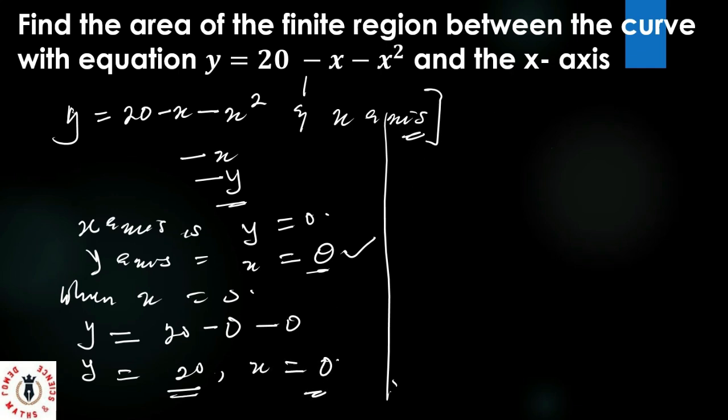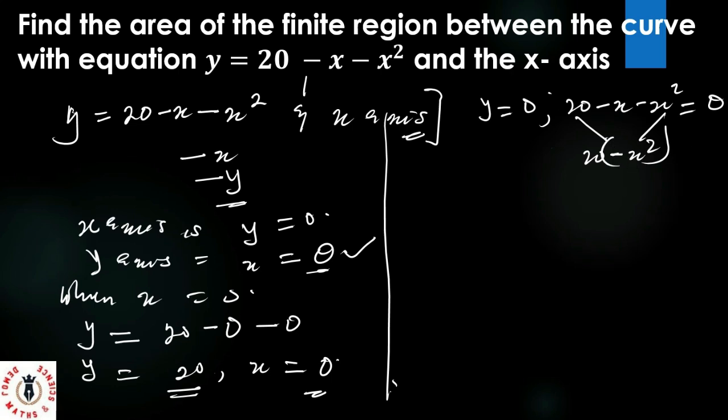Now, let's check when y is equal to 0. It will occur at the point when 20 minus x squared is equal to 0. To get the values of x at that point, we'll have to factorize this equation. Let's use the factorization method: 20 times minus x.2 becomes minus 20x squared.